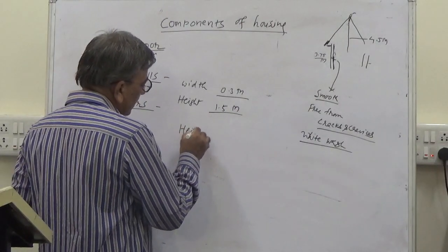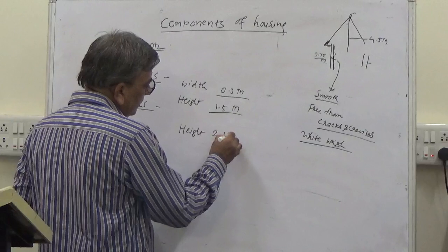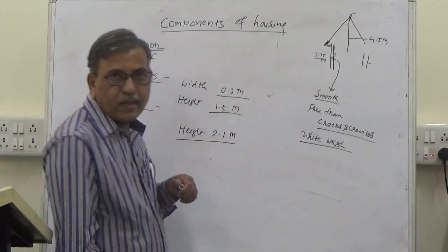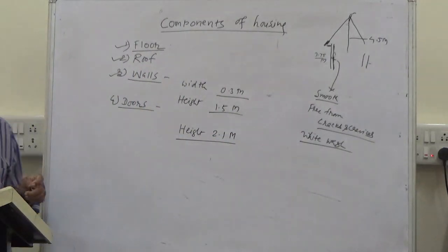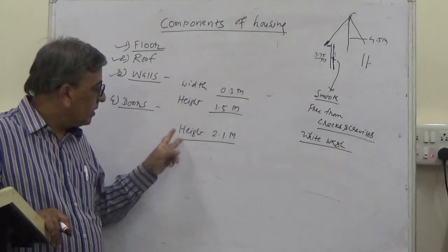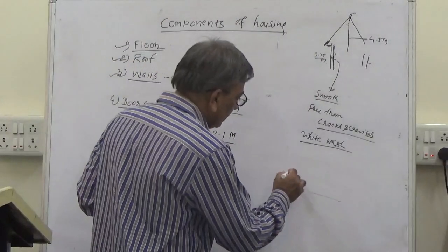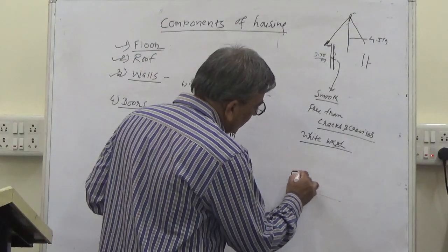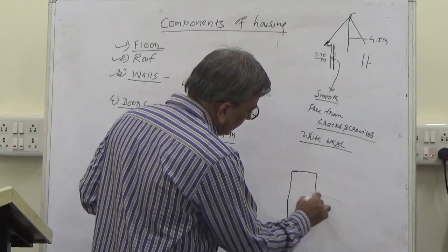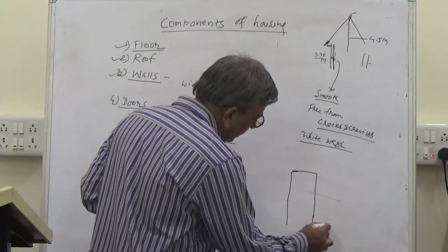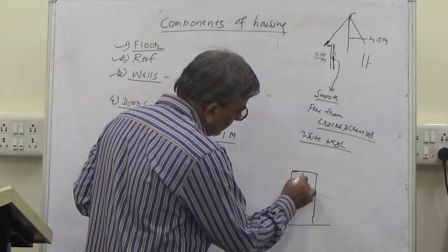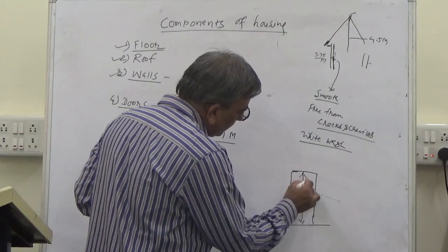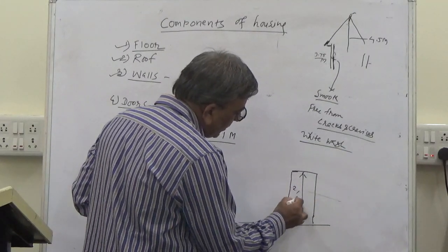As far as the height is concerned, it should be 2.1 meters. This is a door. This height should be 2.1 meters.